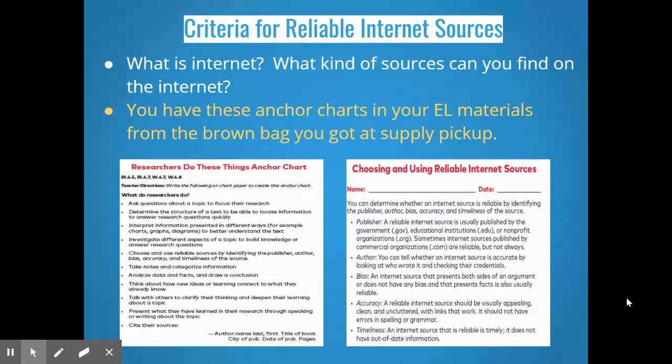It's page 115, the choosing and using reliable internet sources. The researchers one, I'm not sure if that's in there or not, but the other one for sure is. The researchers is definitely in your bag.